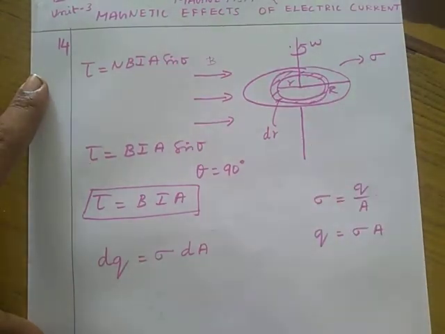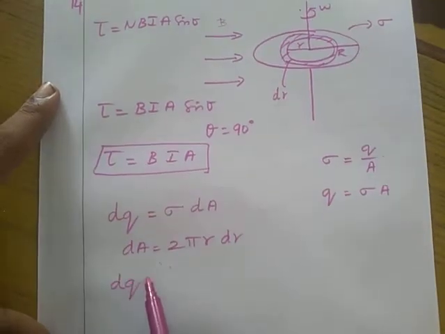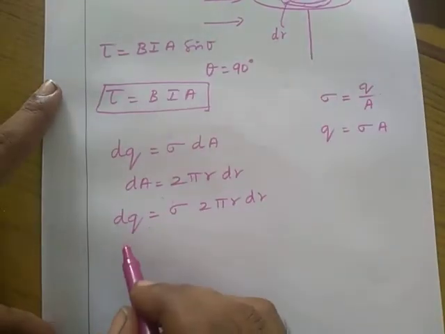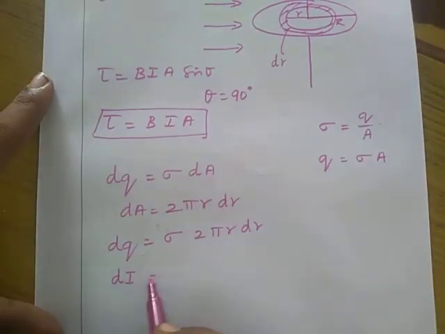Then area can be written as length into breadth. Here the length of this segment is 2 pi r, and the thickness is dr. This is the area. Substitute in the above expression. Then dq equals sigma 2 pi r dr. We know very well the current due to this segment, that is di equals dq by t.